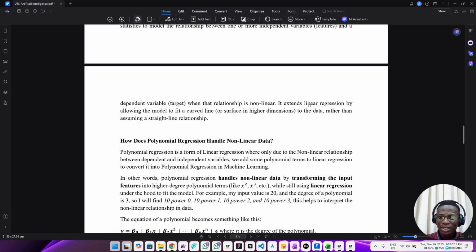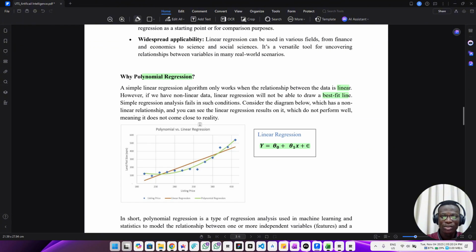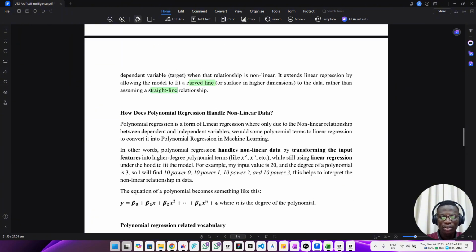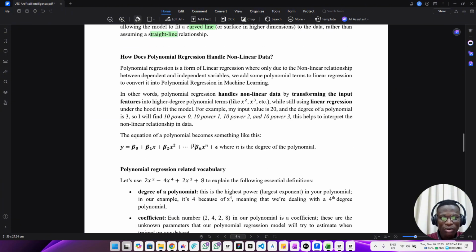It extends linear regression by allowing the model to fit a curved line to the data rather than assuming a straight line, like linear regression. You can see it here: with our data, the model is trying to draw a straight line, but it wasn't very good. With polynomial regression, it was able to draw the line. Okay, so we can continue.